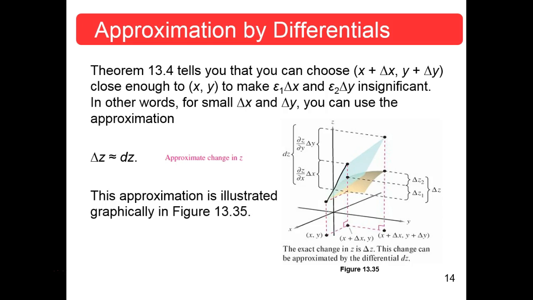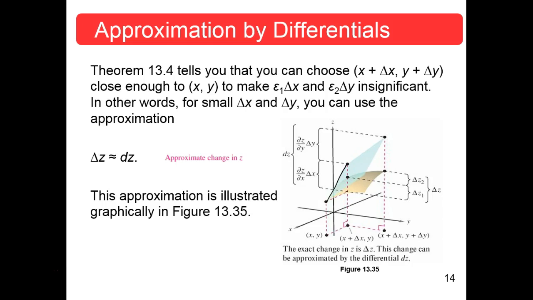You're changing y but keeping your x constant. So this is the partial of z with respect to y at the point when x is equal to x plus delta x. That's not the partial of z with respect to x or y. It's something a little different altogether.